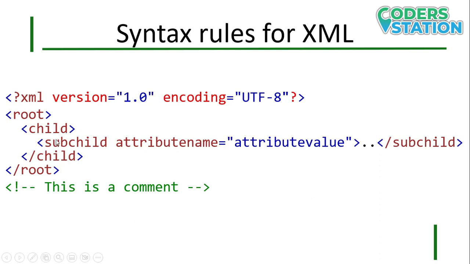Each child tag carries particular data. Like in a table, if we have a row, the child is just a row, and the attributes in each row are nothing but the subchilds in this particular case.